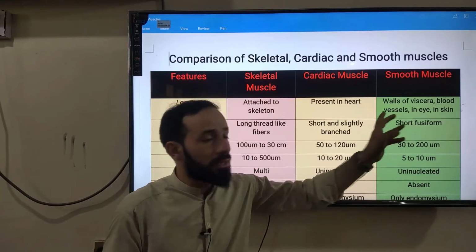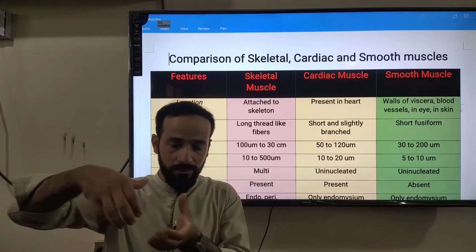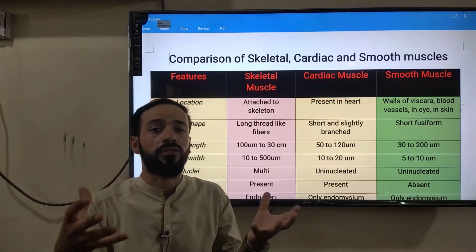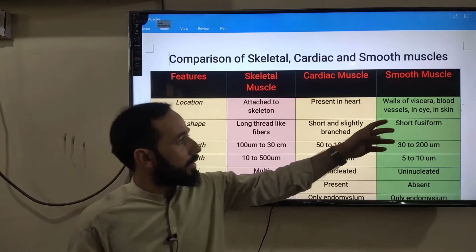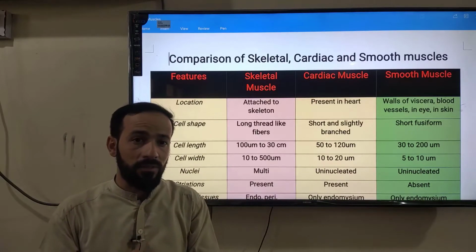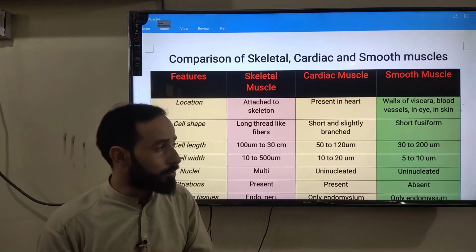Then they are present in the inside walls of the blood vessels, where the tunica media contains the smooth muscles. And in our eyes, the iris muscles, dilator pupillae and constrictor pupillae, are smooth muscles.